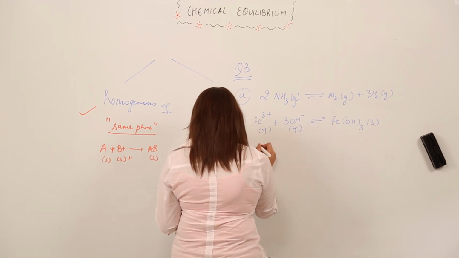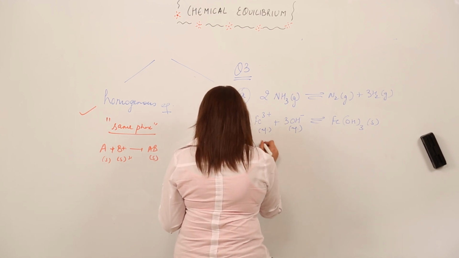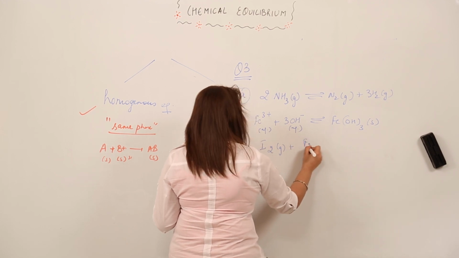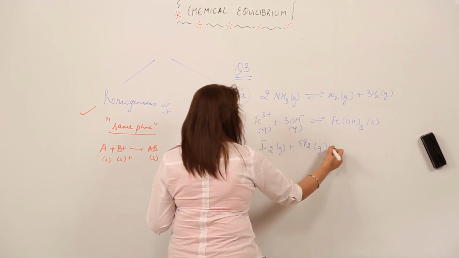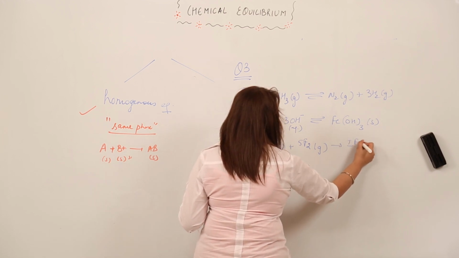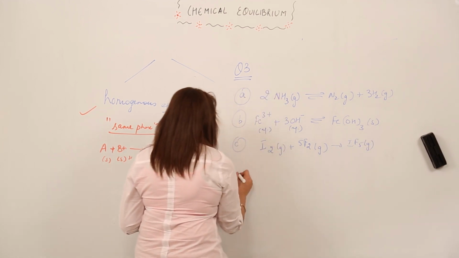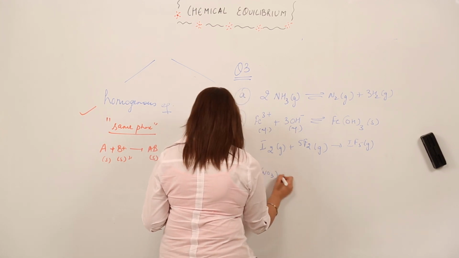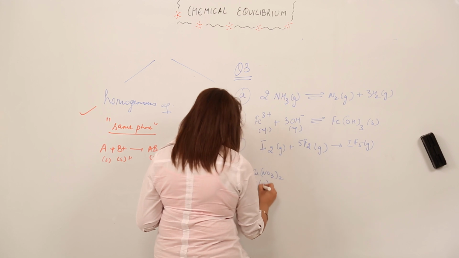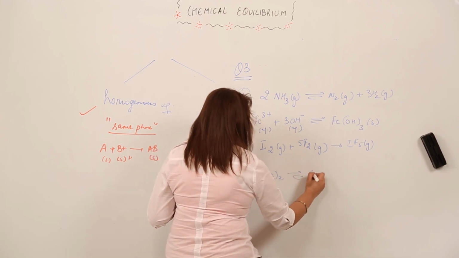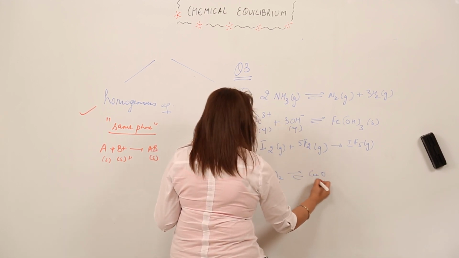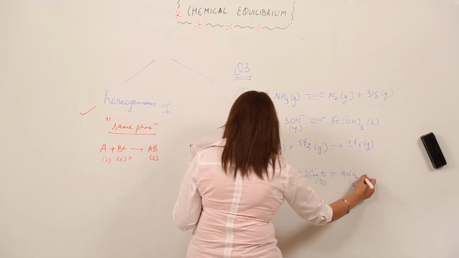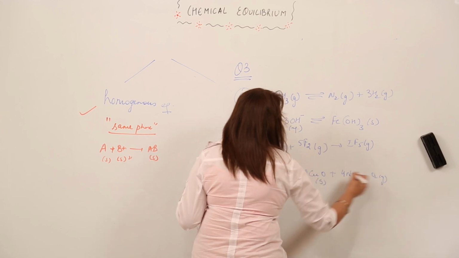The third we have is I2 in gaseous state plus 5F2 in gaseous state, and again we have IF5 in gaseous state. The fourth reaction we will be discussing will be copper nitrate in solid form, copper oxide in solid form plus 4NO2 and plus O2 in gaseous form, right?